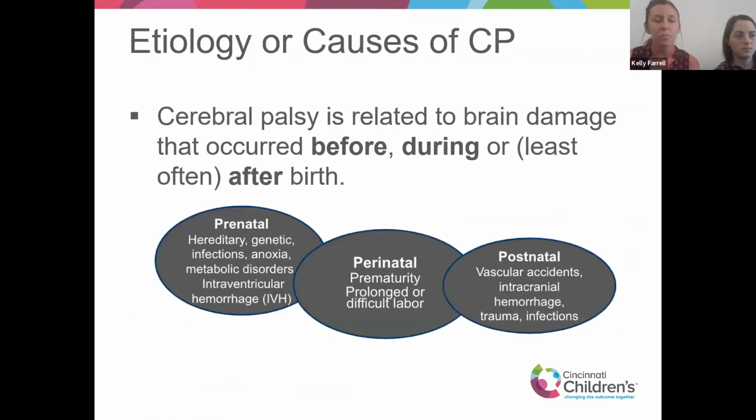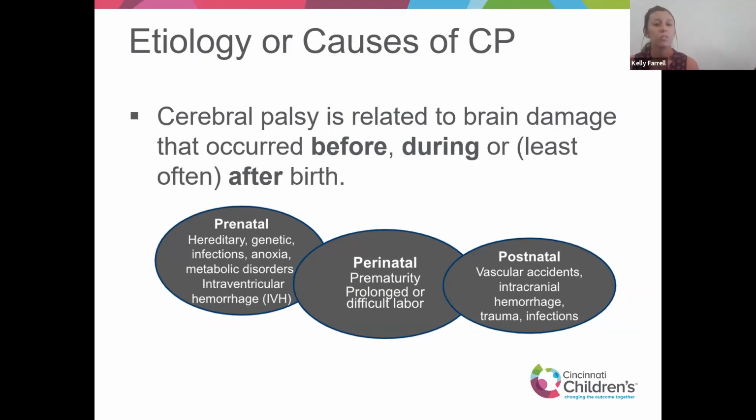All right, so kind of understanding the causes of CP. Again, CP is related to brain damage, and it's going to occur before, during, or after birth. Prenatal, meaning before birth, it may be hereditary, genetic, or caused by infection, anoxia, which is loss of oxygen to the brain, metabolic disorders, and intracranial hemorrhage, which is bleeding into the brain's ventricular system, and that could be due to physical trauma or bleeding during a stroke.